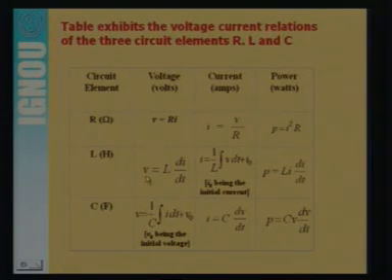You can give v is equal to L di by dt. Similarly, i is equal to 1 upon L integration of v dt, and P is equal to Li di by dt. Similarly, in the case of the capacitor, P is equal to C v dV by dt, which is obtained from P is equal to i into v, and putting the value of i here, you get this relationship.